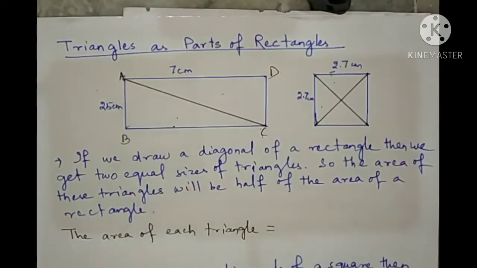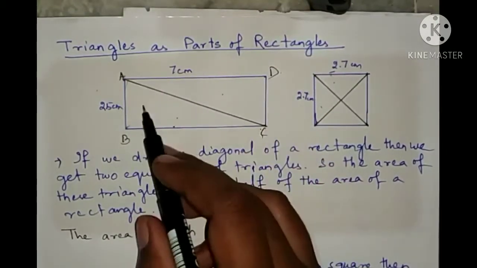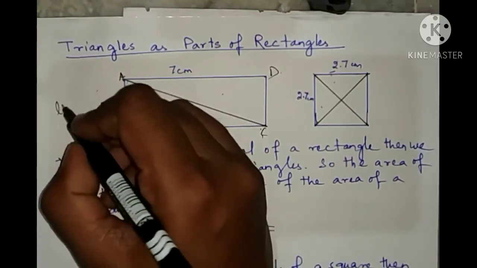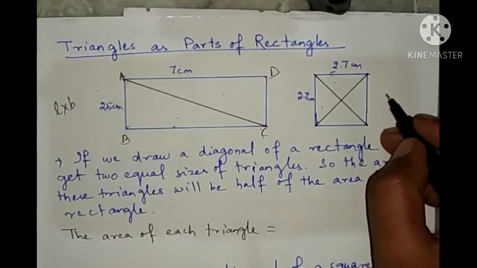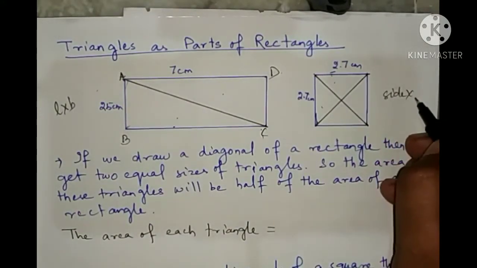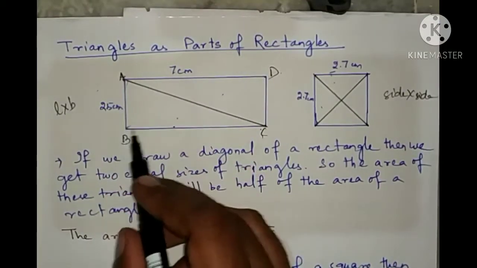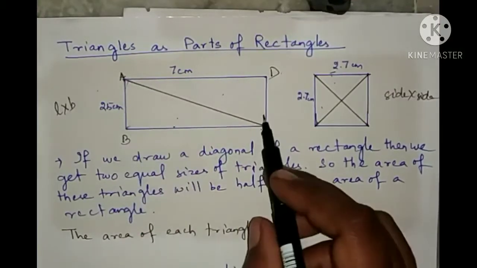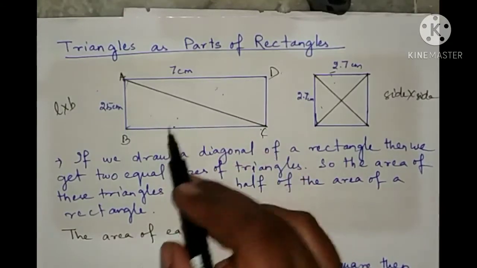We know the area of a rectangle is length into breadth, and the area of a square is side into side. When we divide a rectangle by a diagonal, we get two triangles.